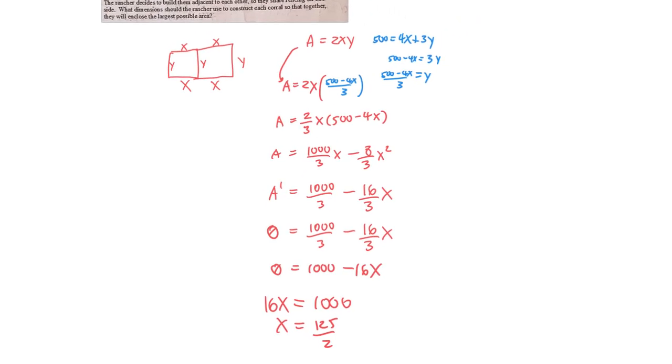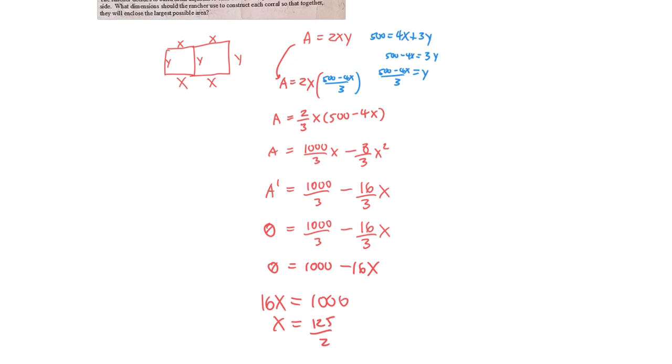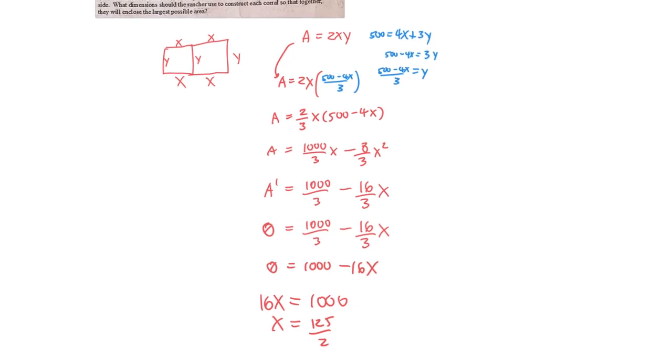Okay, so that's 125 over 2. So each of these x's is 125 over 2. They're asking what dimensions should the rancher use to construct each corral. So this is one of the corrals, so the dimension here is 125 over 2. We also need to know what this one is.